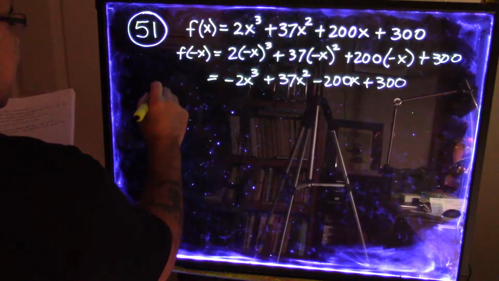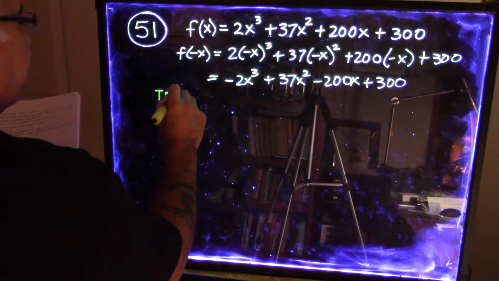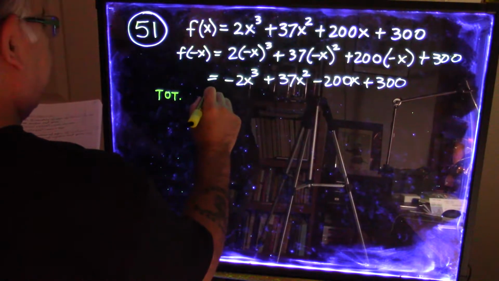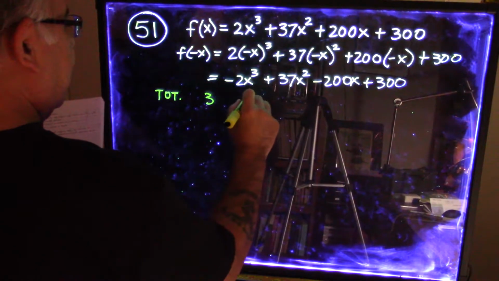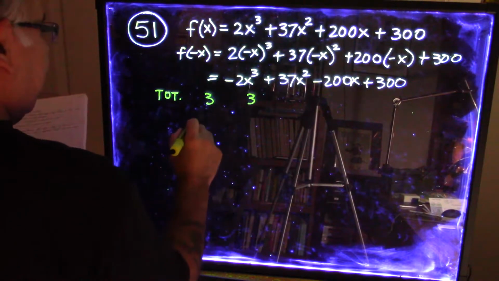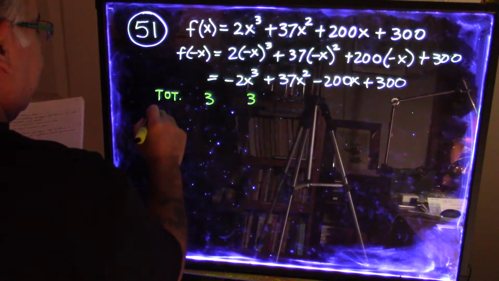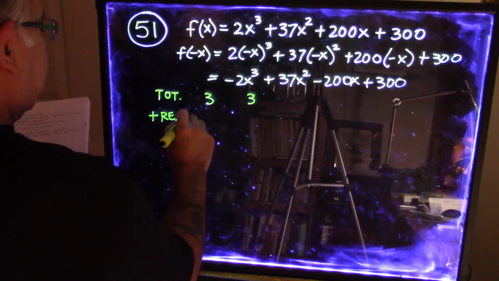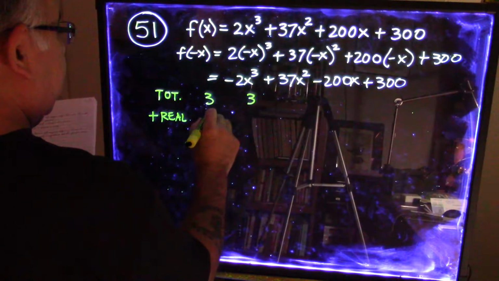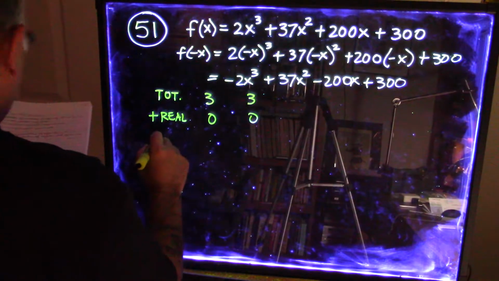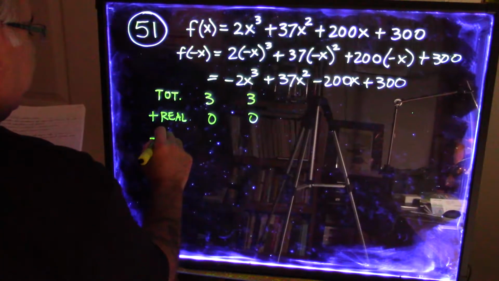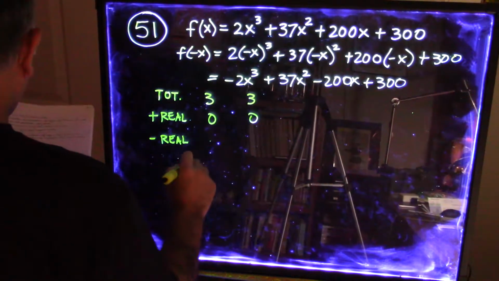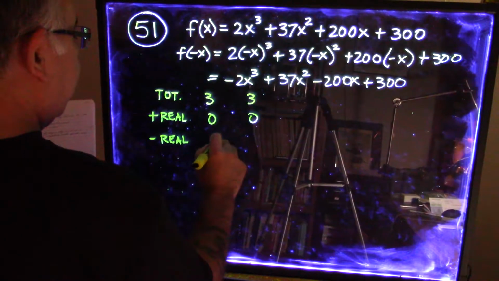So let's make a little table. Total, we got 2 columns on this one. Since there are no positive real zeros, and for negative real zeros, we've got 2 possibilities, 3 and 1.